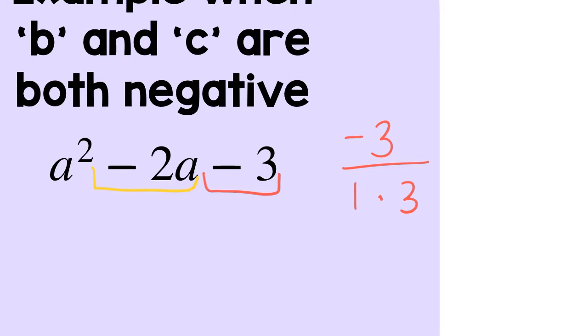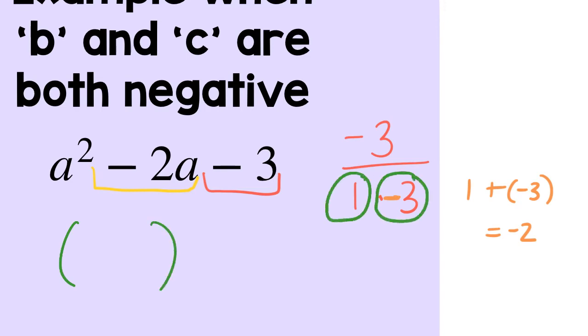And the answer would, of course, be the 3, right? I need the 3 to be negative because 1 plus -3 is -2. If you made the 1 negative, then it would be equal to +2, which is not what we want. So we're going to go ahead and fill in our factors here. Again, we're making sure that the 3 is negative and the 1 is positive. So a plus 1 and a minus 3.